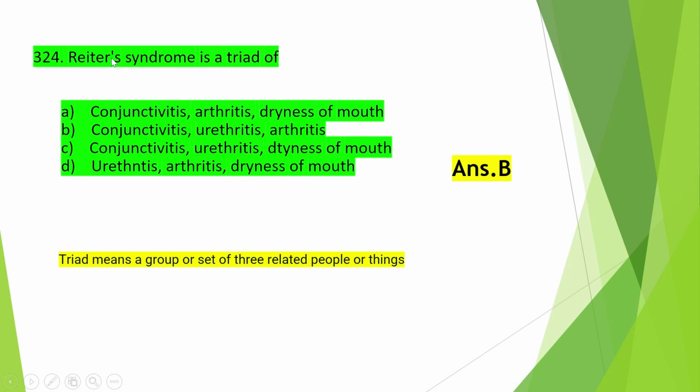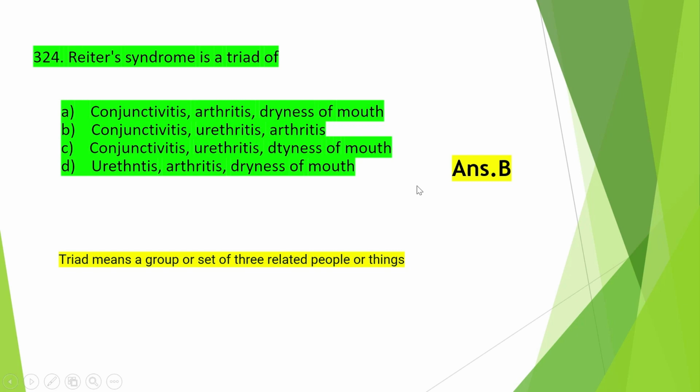And this triad means a group or set of three related people or three related things. So here, three related diseases. Okay, so Reiter's syndrome is a triad of conjunctivitis, urethritis or arthritis.